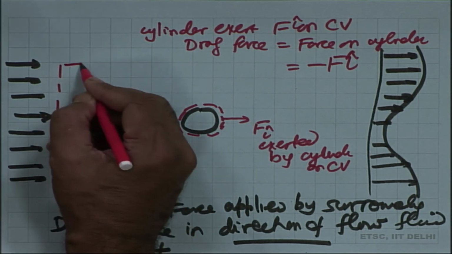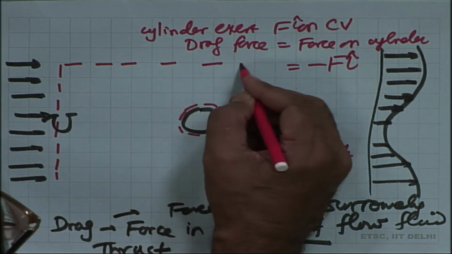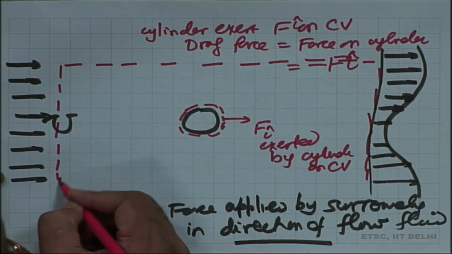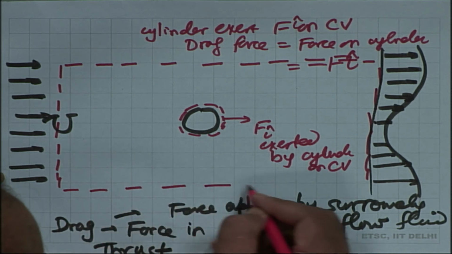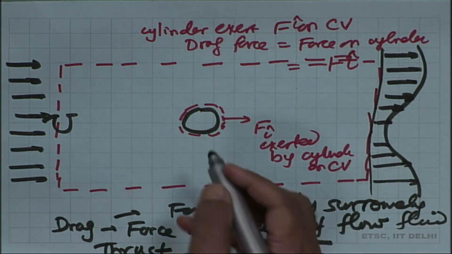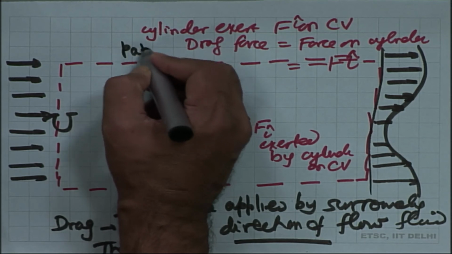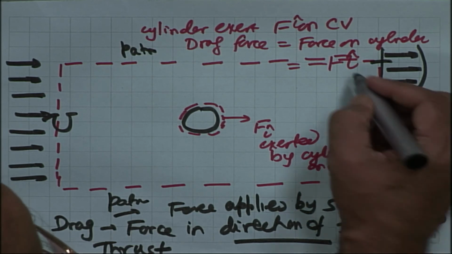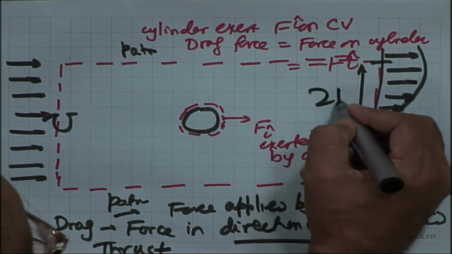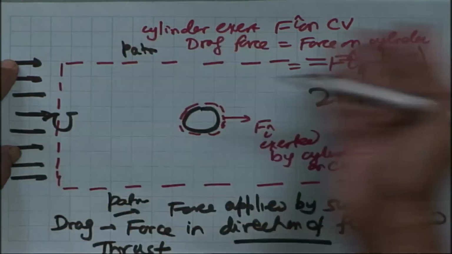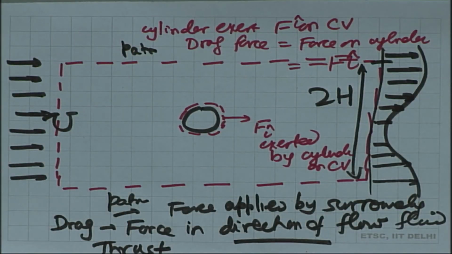So, we choose a control volume which is like this, a rectangular shape here, a symmetric control volume, where the pressure is P atmosphere all around, and this height of the control volume we can say is 2h, because after this the velocity has become capital U. So, whatever will come out this side, it will become equal. Okay.